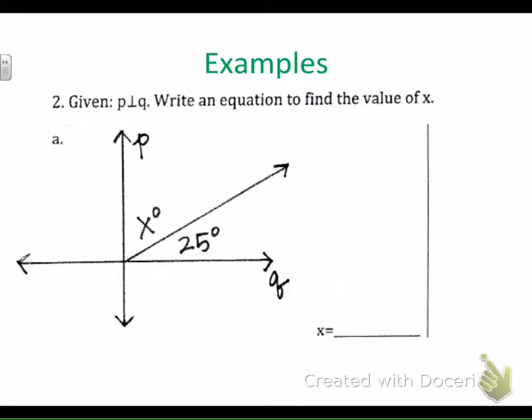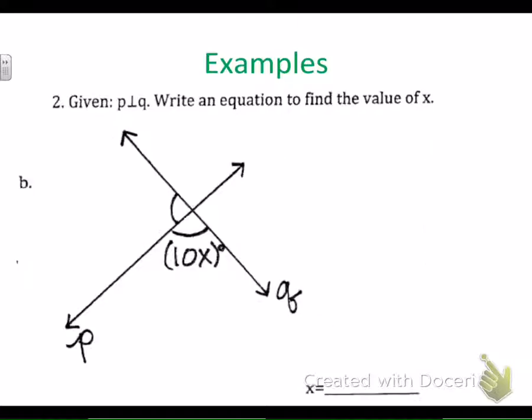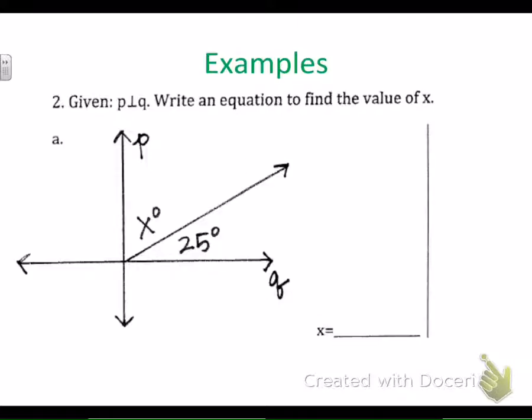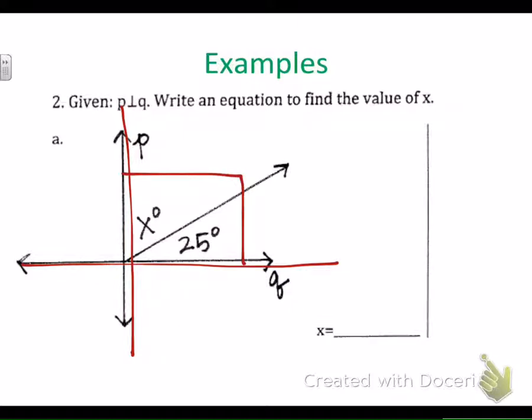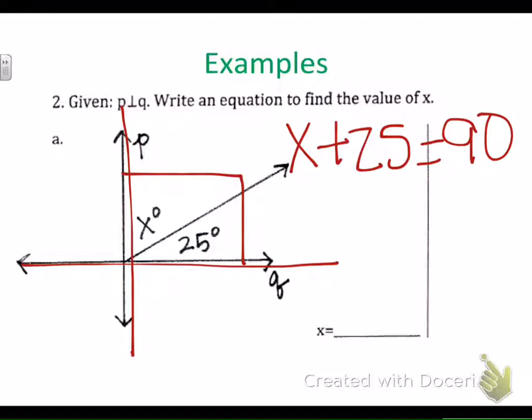Alright, now we got to write equations. We're going to see this often. If P and Q, sorry guys, are perpendicular, we know that this is a right angle. So to solve for X, you would do X plus 25 is equal to 90 degrees.